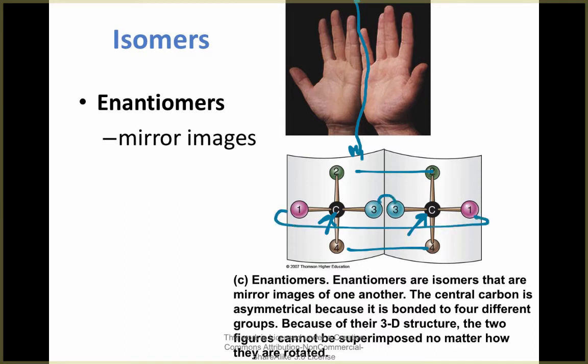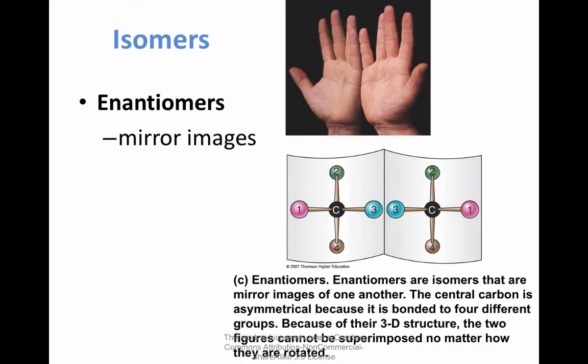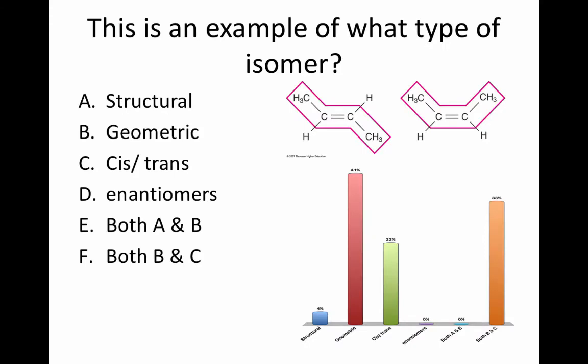The difference is if you pick this up and put it on top of each other, the pink would go on top of here, and the blue would go on top of here. So they're kind of opposite of each other. So that's what's known as an enantiomer. So those are the 3 types of isomers we'll talk about.